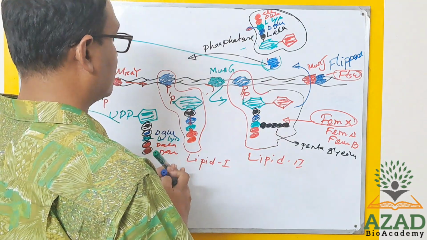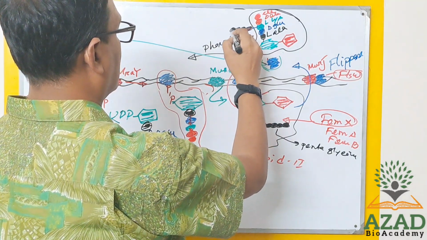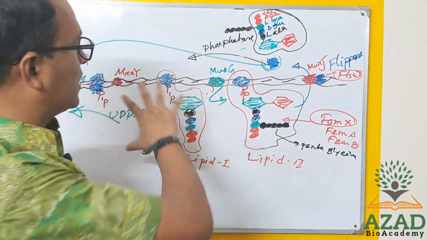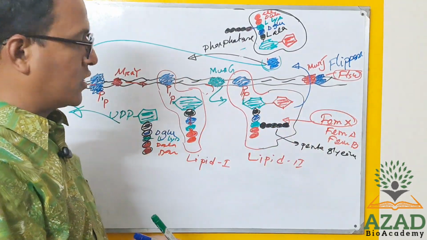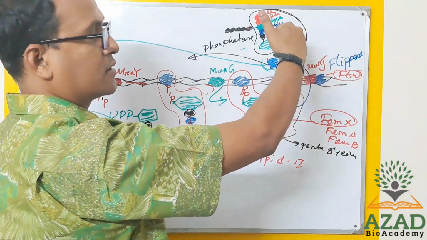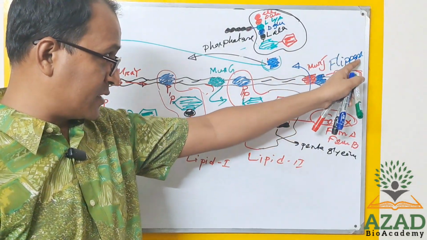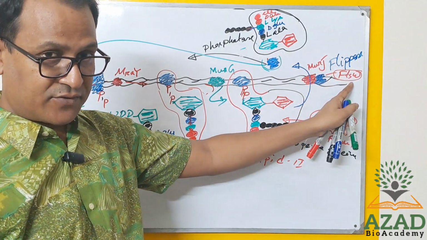So this is all about the membrane stage, or elongation and transfer stage. Remember the flippase enzymes, basically MurJ and FtsW.